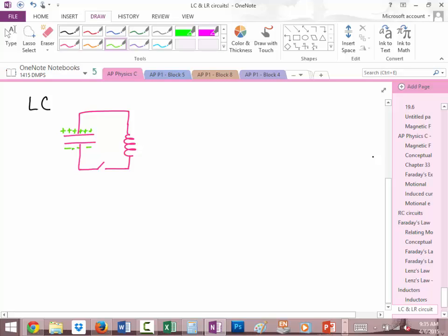Let's talk this through. When I close this switch and I have a charged capacitor, what's going to happen? Current's going to flow. Let's back up for a second. If I have an RC circuit, we've done these before, right?